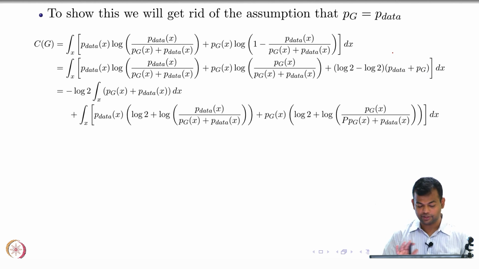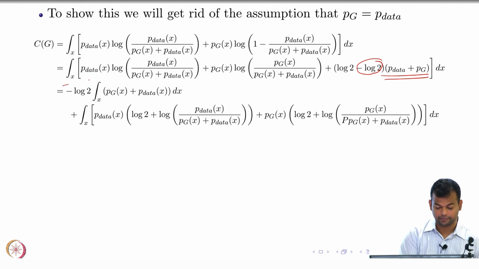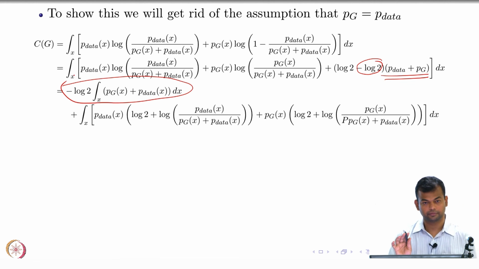Now I'm just going to rearrange some terms here and there. First note that I can take this minus log 2 and this part as one integral. Is that okay? And then each of these other log 2's, I'm going to split between the remaining two integrals. Don't try to really squint and understand this.